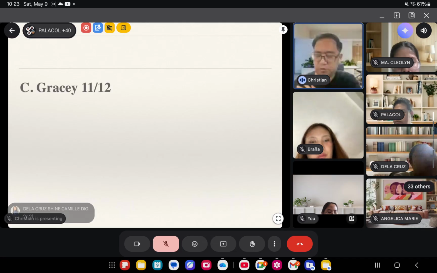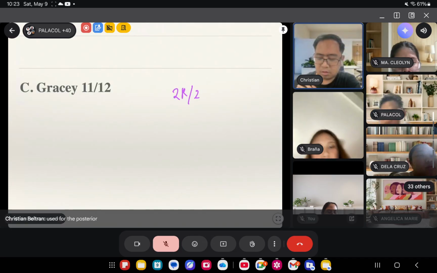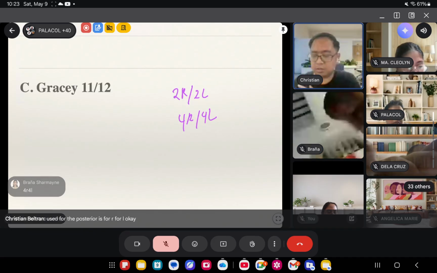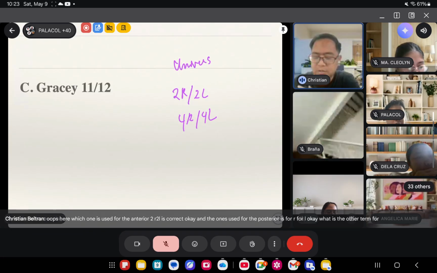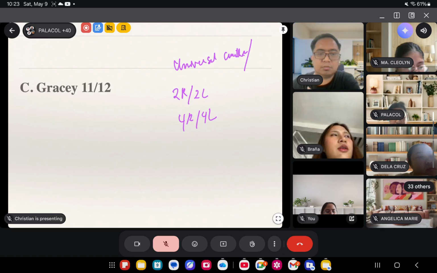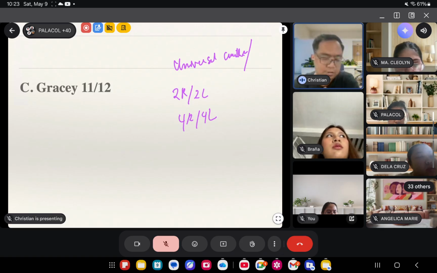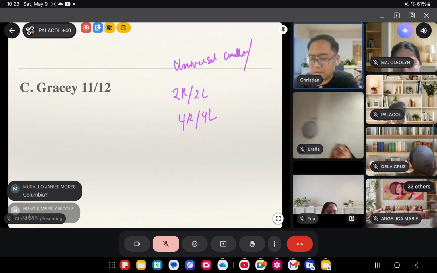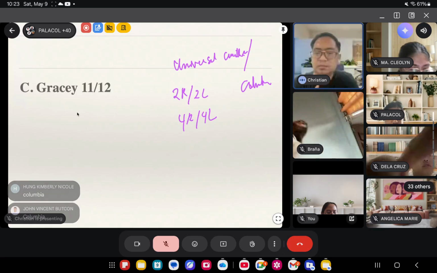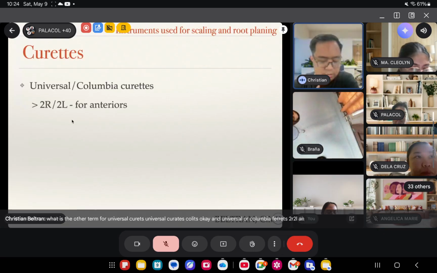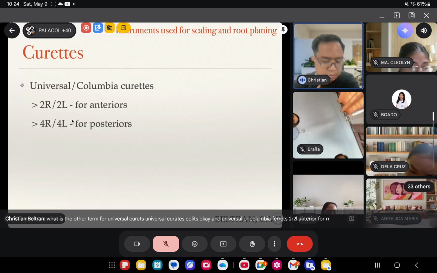Okay, and the ones used for the posterior is 4R4L. What is the other term for universal curettes? Columbia curettes. Okay. Universal or Columbia curettes, 2R2L anterior, 4R4L posterior. Okay.